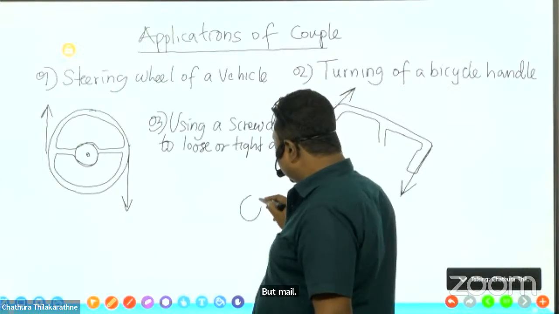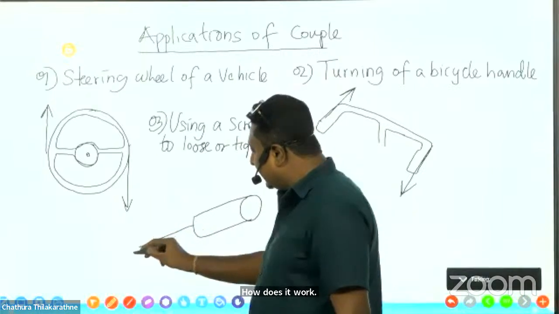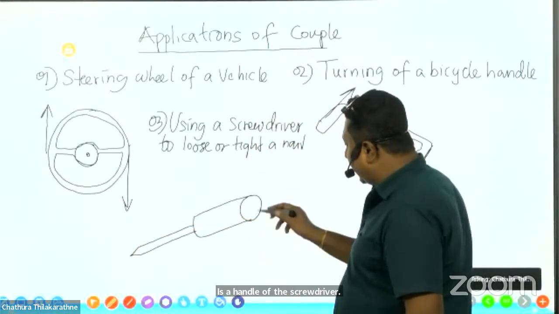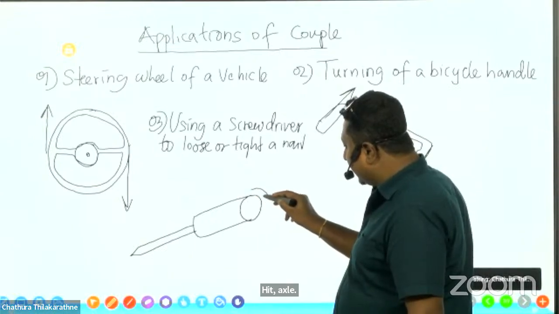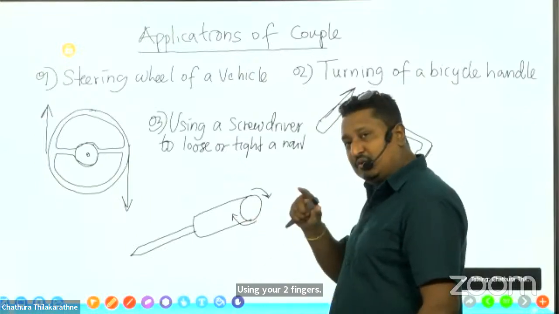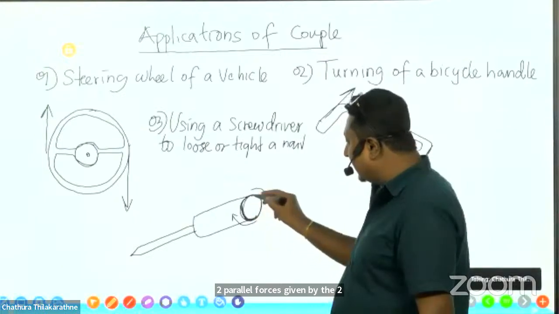How does it work? This is the handle of the screwdriver. Here the axle. When you rotate it using your two fingers, the handle will rotate like that. Two parallel forces given by the two fingers on the handle.